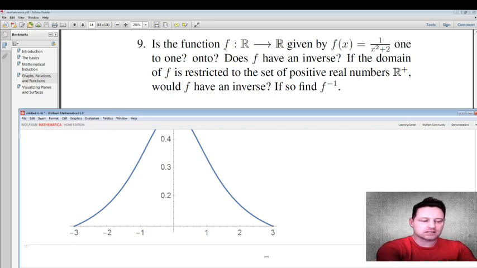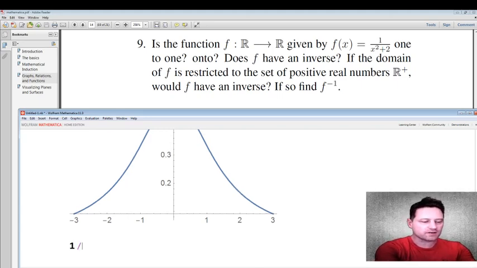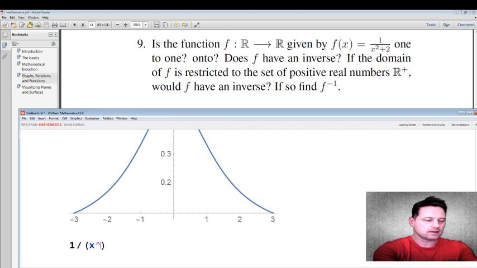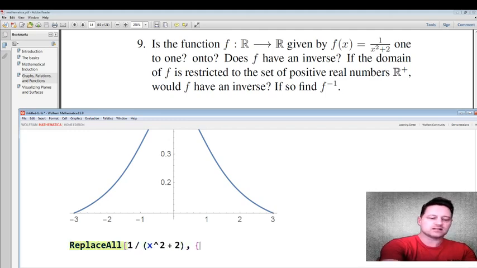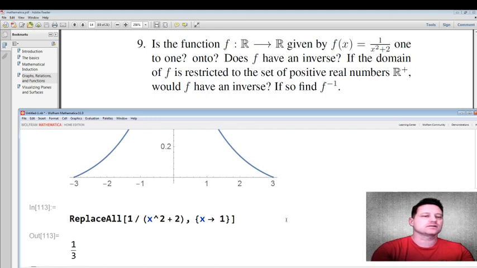Now, let's just write out the function again. 1 over x squared plus 2. And I'm going to put replace all. And in the first case, I'll replace x with the number 1. Okay, what do we get? 1/3.